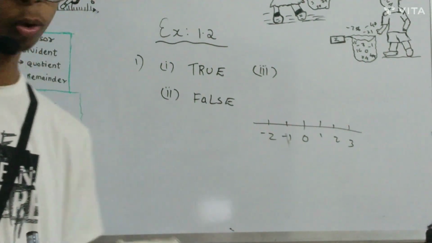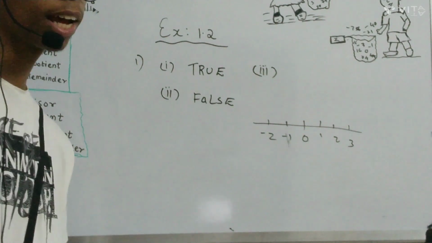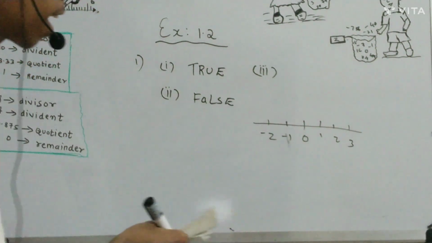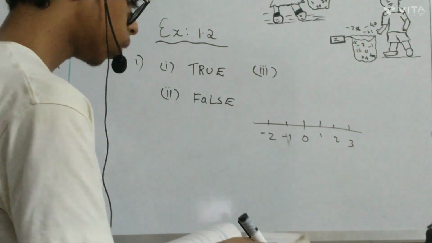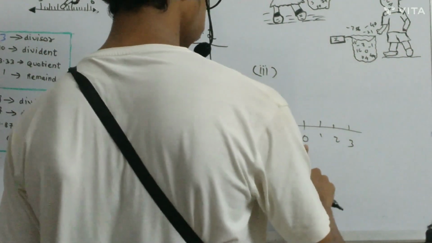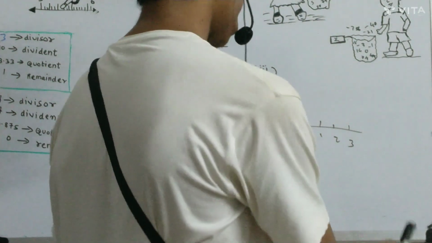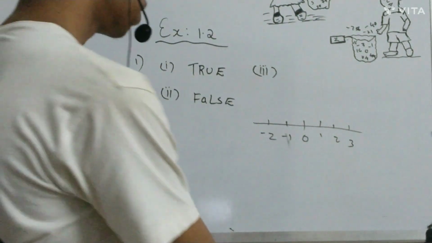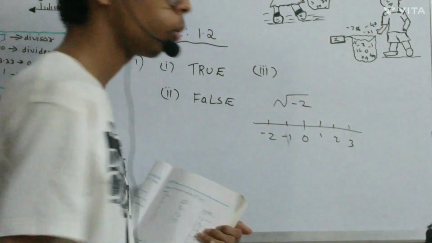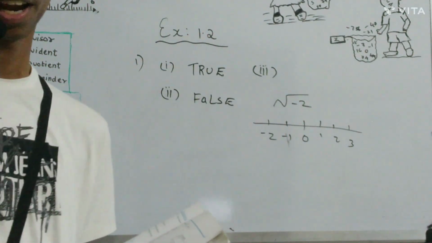No, definitely no. Because on the number line we cannot always have irrational numbers, root m. It is not possible. It also includes a whole number, natural number, and integer also. Similarly, if you ask me what is root of minus 2, it is not defined.